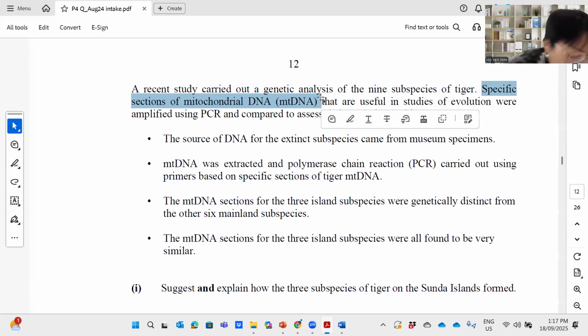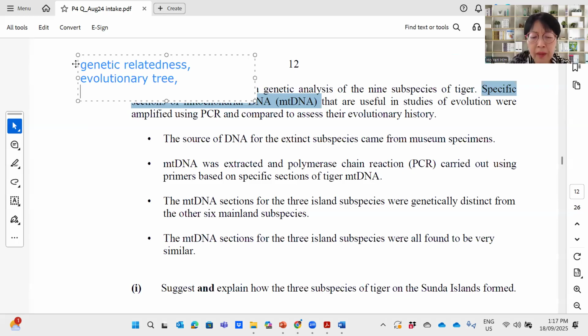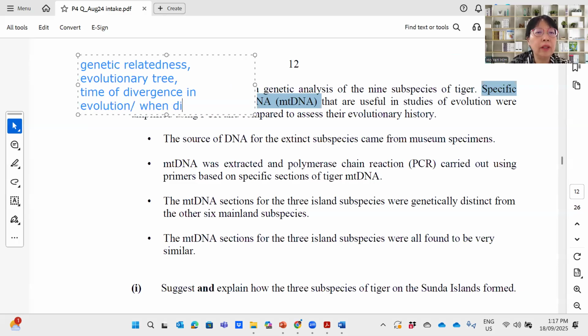Remember, what are the methods that we use to find out genetic relatedness between individuals? And from the genetic relatedness, we can draw the evolutionary tree and find out the time of divergence in evolution, or when did they have common ancestor.